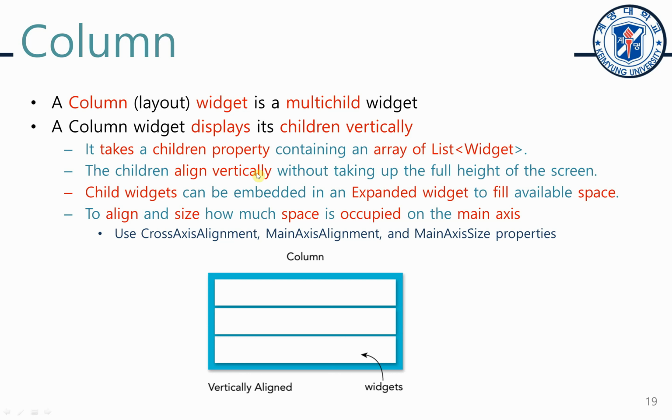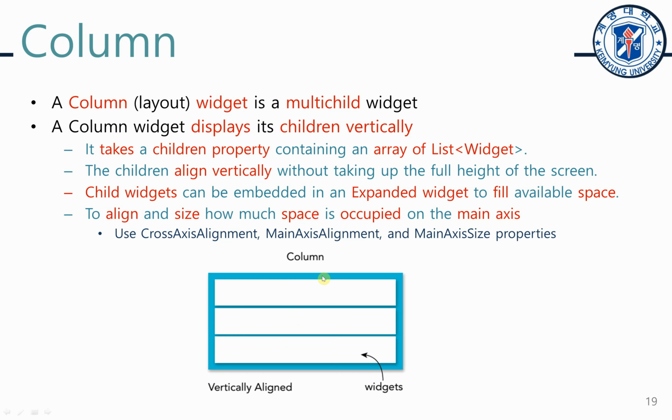Okay, these child widgets, they are expanded. That means they fill the column width and height, and when there are multiple children, they divide the space evenly, as long as you didn't set them.